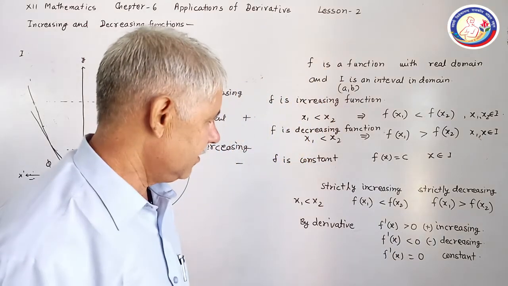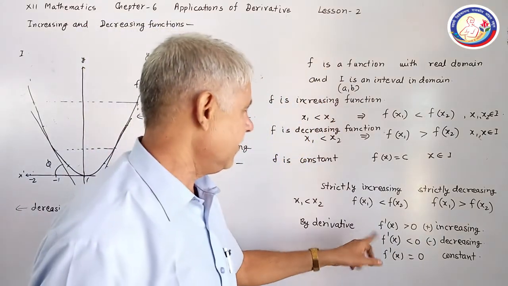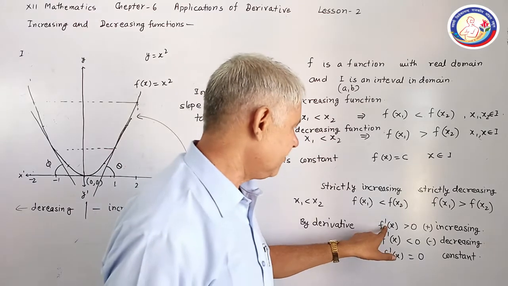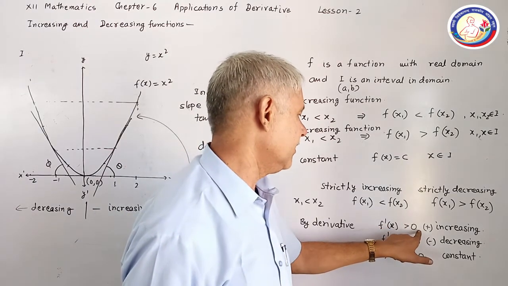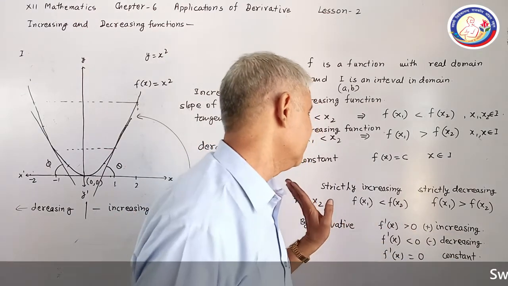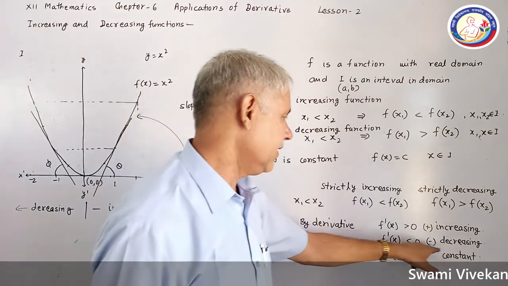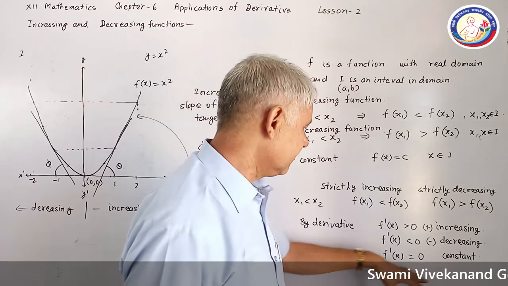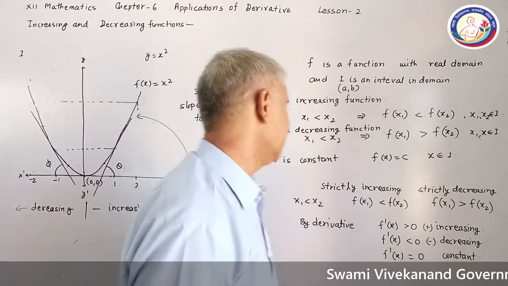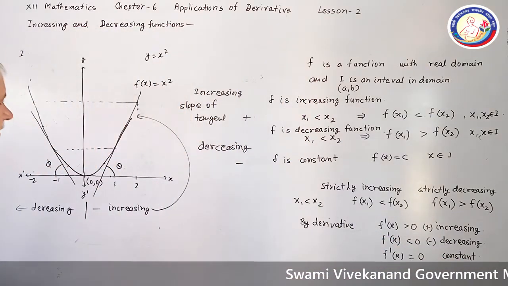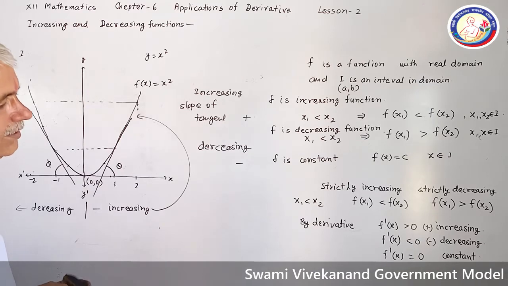So for an interval in given domain, if the value of derivative is greater than 0, then function is called increasing. If it is less than 0, then function is decreasing. If it is equal to 0, then it is constant, because there the tangent will be parallel to x-axis.